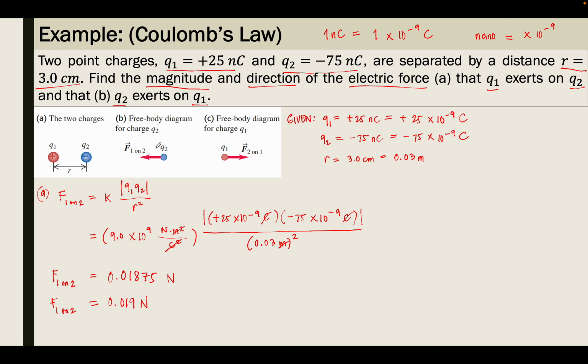So, two different charges attract each other. So, the force exerted by Q1 on Q2 is an attraction force, meaning Q1 attracts Q2 toward itself. That's why the direction of the force that Q1 exerts on Q2 is going to the left, toward Q1.